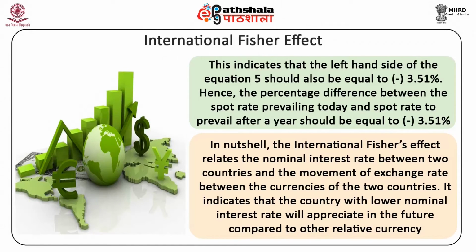In a nutshell, the international Fisher effect relates the nominal interest rate between two countries and the movement of exchange rate between the currencies of the two countries. It indicates that the country with lower nominal interest rate will appreciate in the future as compared to the other relative currency.